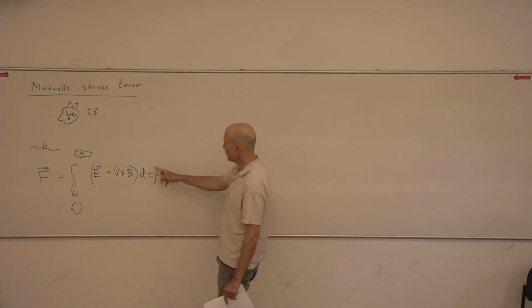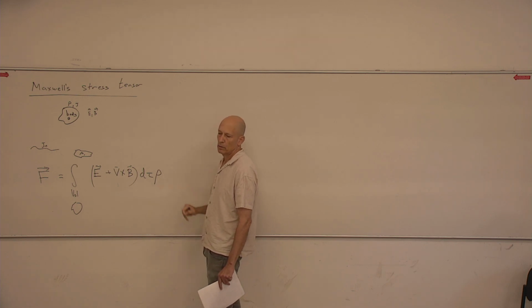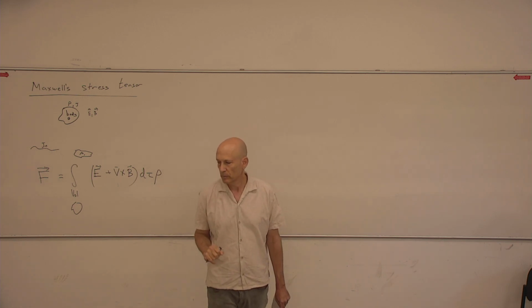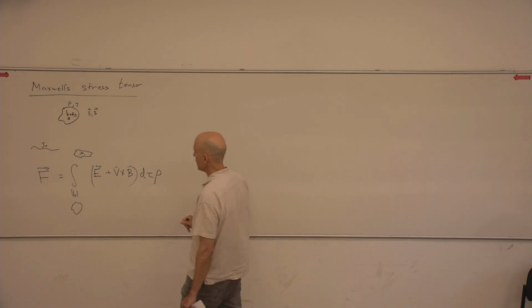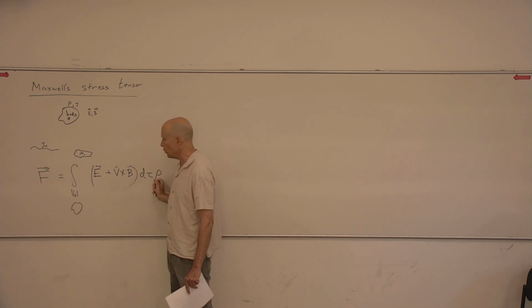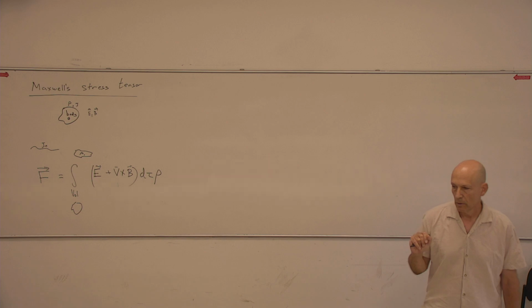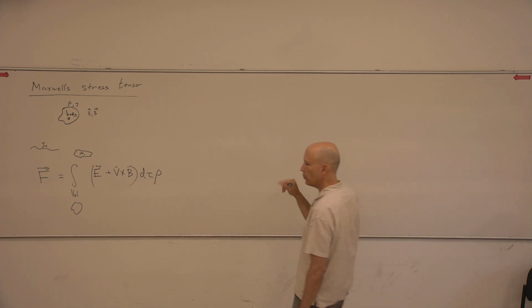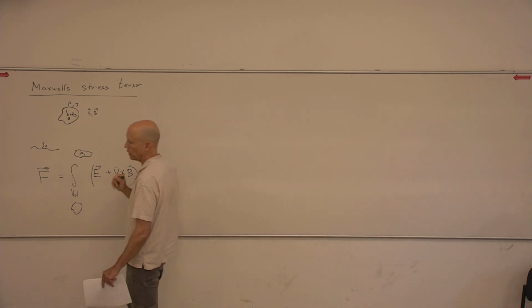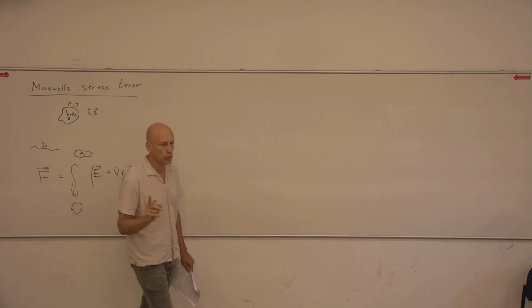So I can replace, for example, rho with epsilon zero div E. And what is going to be V times rho? That is going to be the J. And where does J pop in? In the Ampere-Maxwell law.